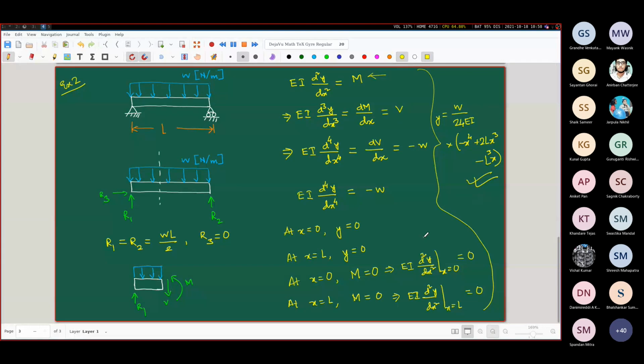Now when you code it up, it is much easier to instruct the computer to utilize the condition that the moment is equal to 0, or the shear force is equal to 0, or the deflection is equal to 0, just by telling it that, look, here you have a fixed end, or here you have a simply supported end. When you are coding it up symbolically, you are not bothered with how much laborious algebra you have to perform.